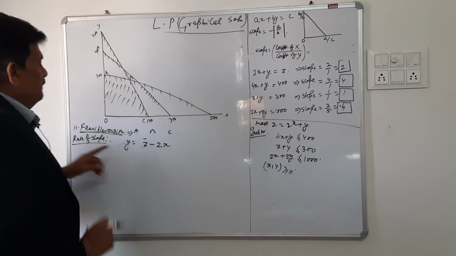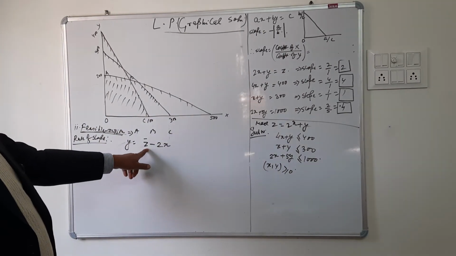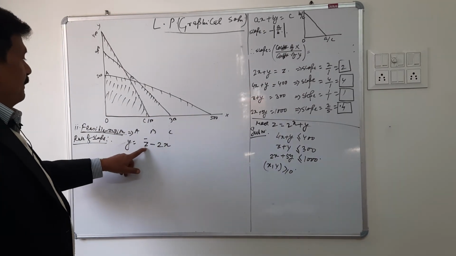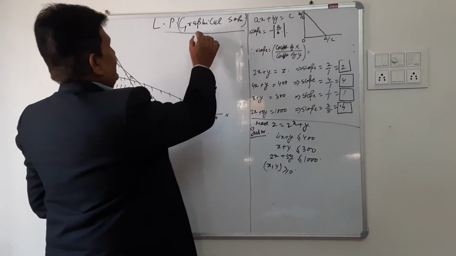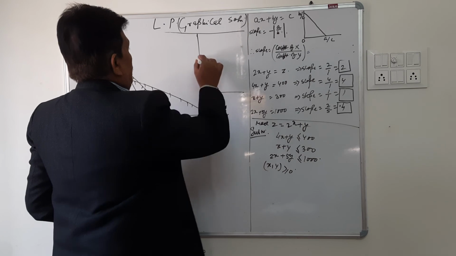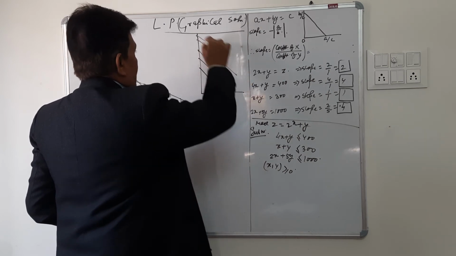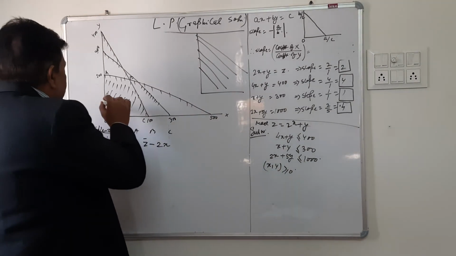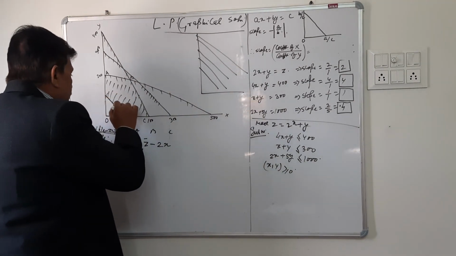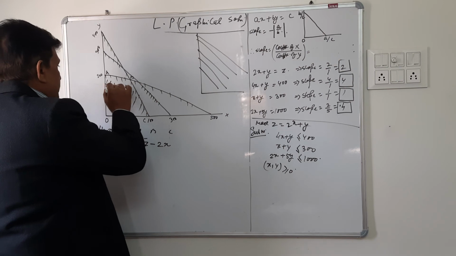We take different values of profit, and for different values of profit we shall get different downward falling lines like this. So we start plotting different profit curves.